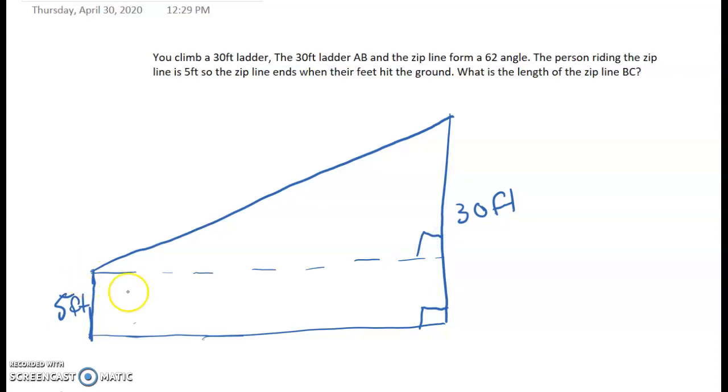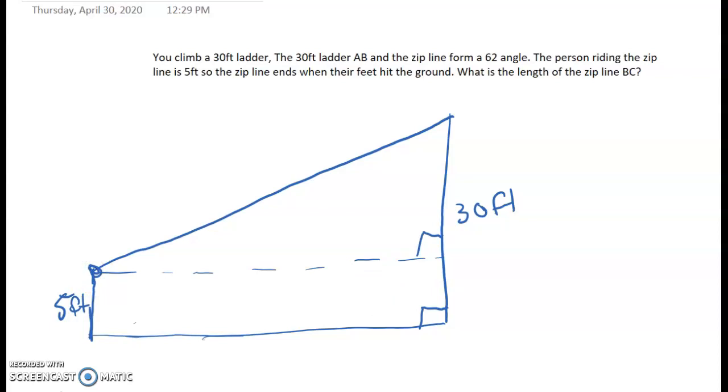So by doing this, we're representing that the person, if he's attached to the zip line right here, his feet are going to hit the ground right here. Now, we can't stop it when his head hits the ground. And this is where the zip line ends, at this point right here. So that's what we're going to do.